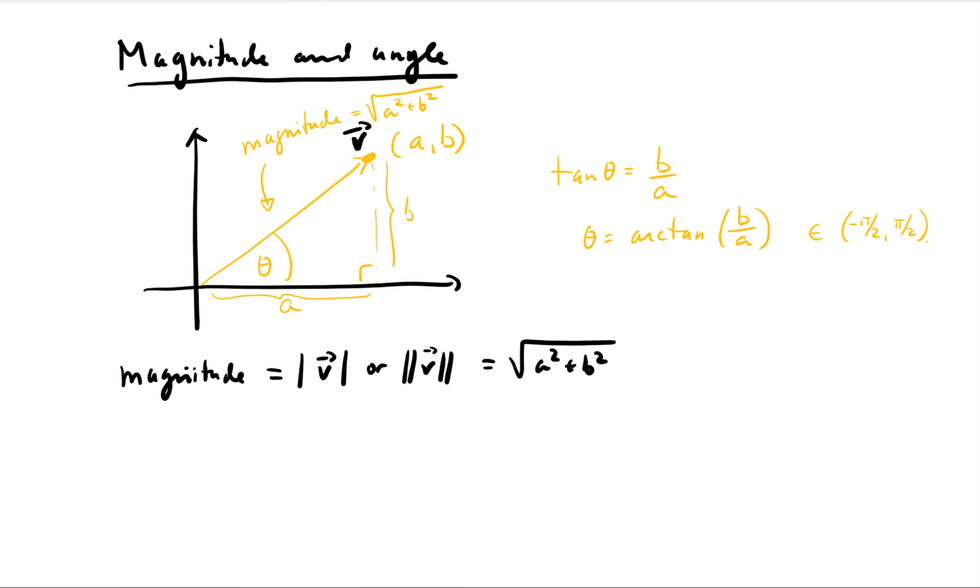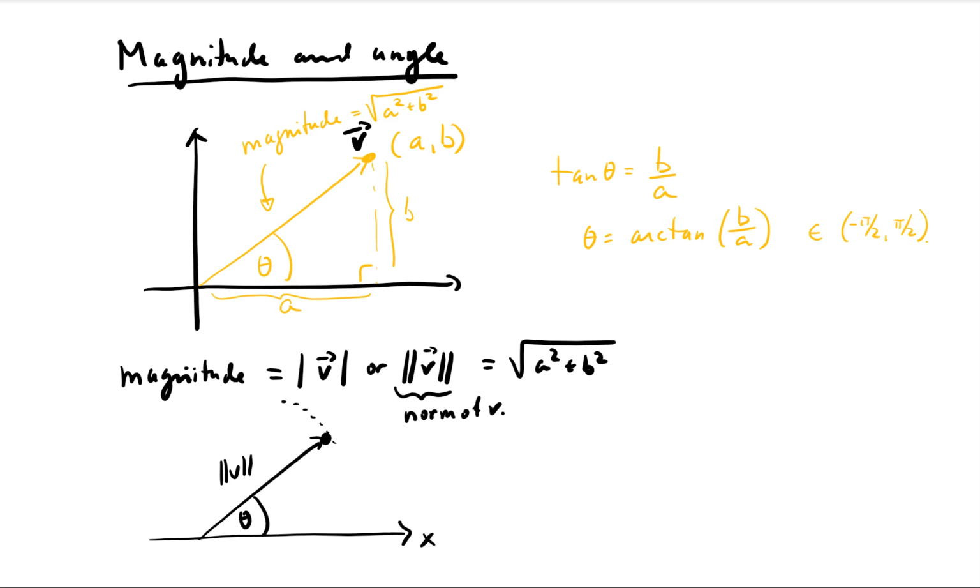What I'd like to know also is how the coordinates are defined in terms of the magnitude and the angle. So if I've got a vector making an angle theta with the x-axis, with a magnitude we call the norm of v, how do we find the coordinates?